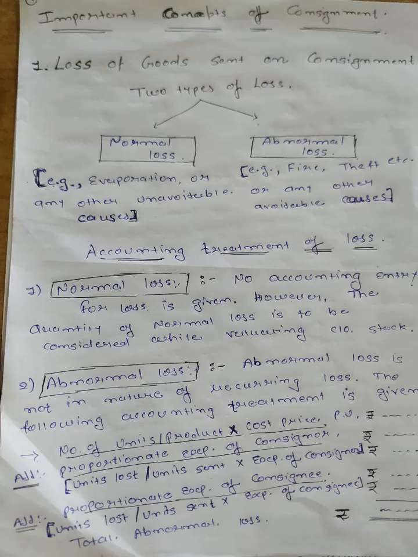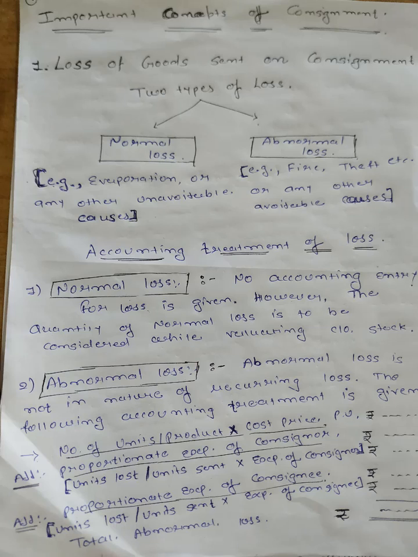So how will you give accounting treatment for these two types of loss in consignment business? First is normal loss. For normal loss, no accounting entry is given. However, the quantity of normal loss is to be considered while evaluating closing stock.